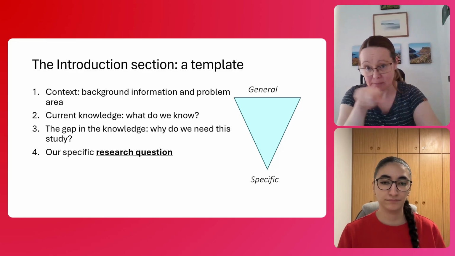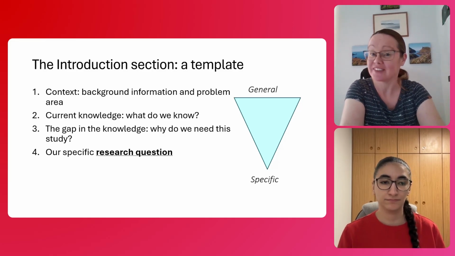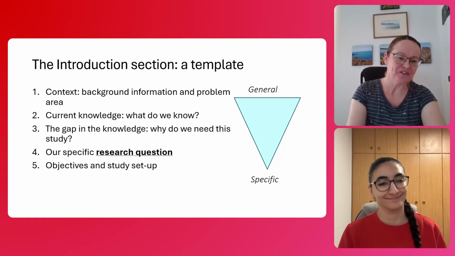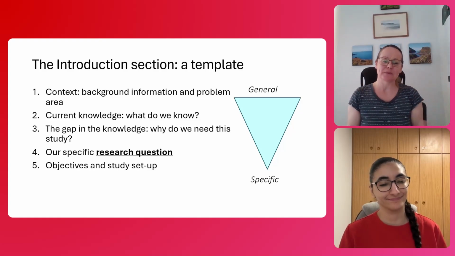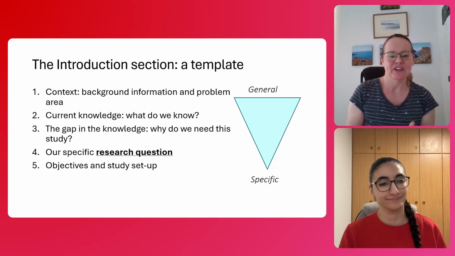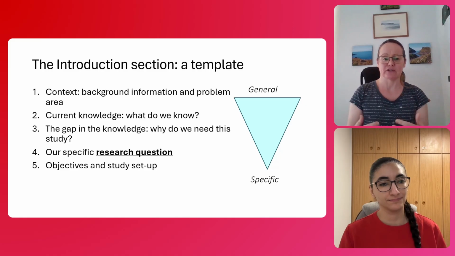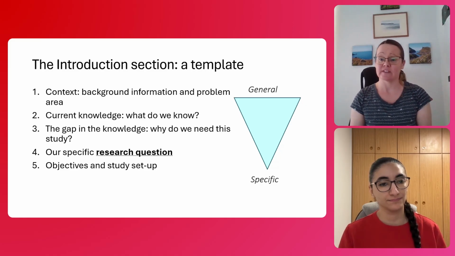And I've put it in bold and underlined it just to remind you that that's very important. We then finish off by rounding up our main objective. So here we're essentially giving a brief description in 3 or 4 sentences of how we plan to address that research question. What are our main objectives? What's our study setup?